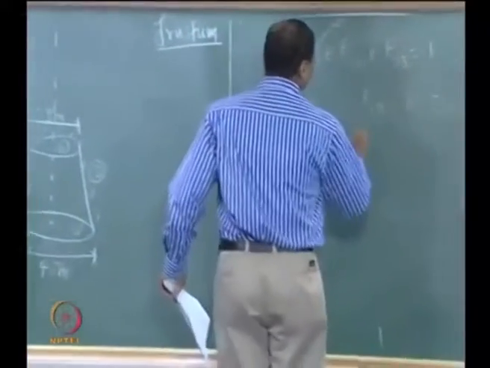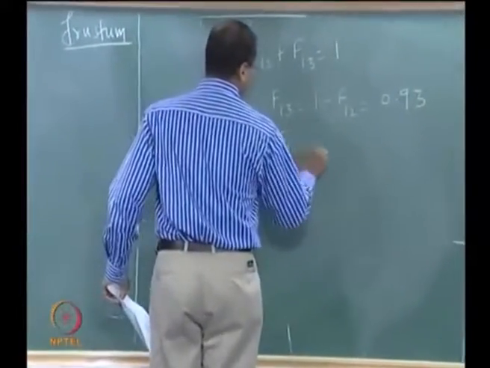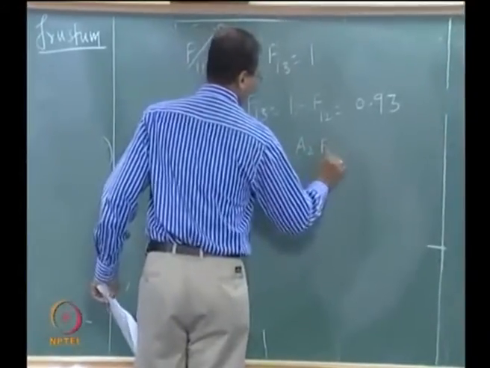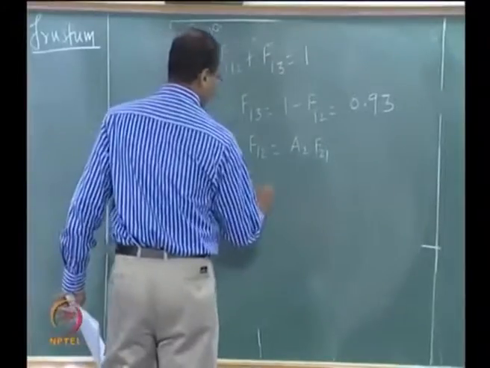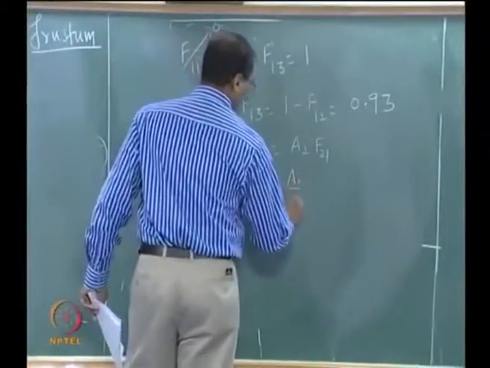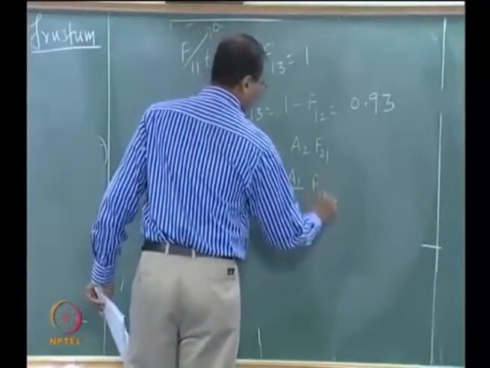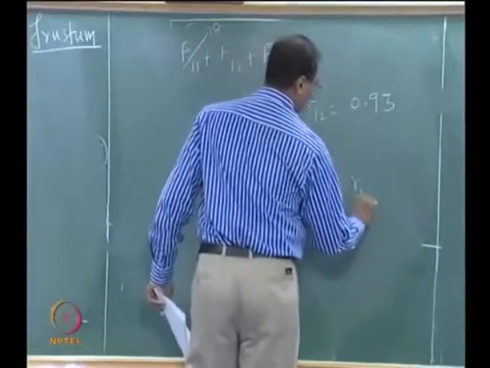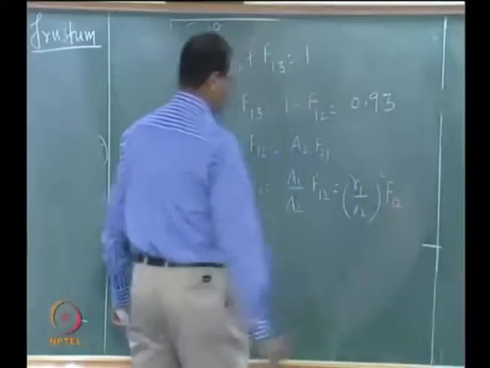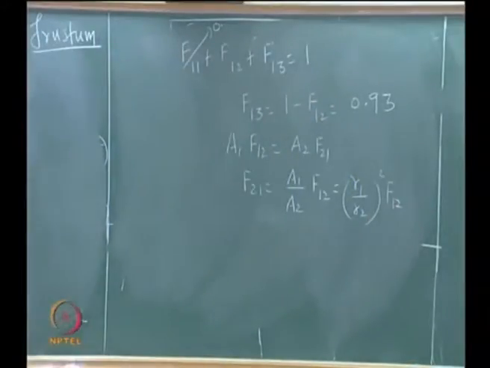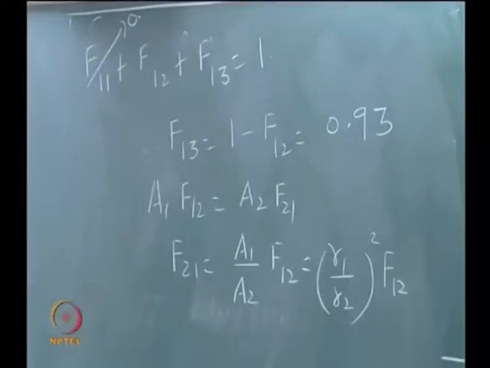Okay, A1 F12. So this F21 is even smaller?